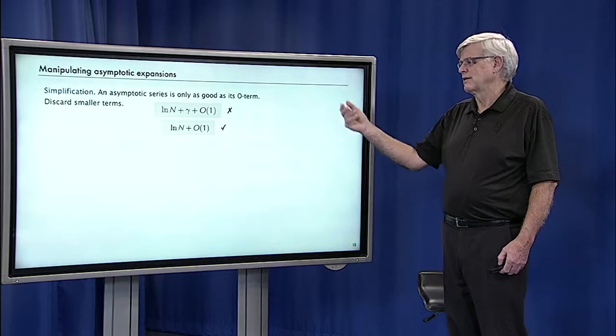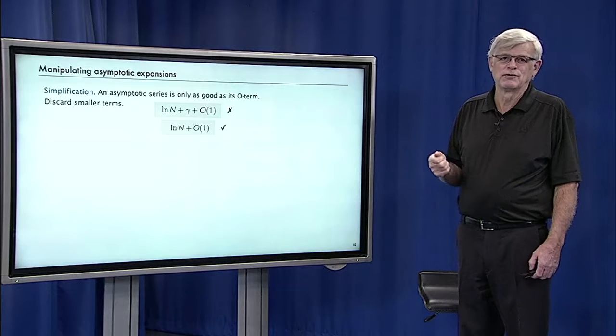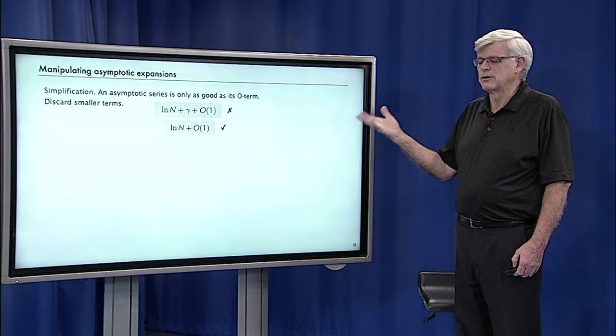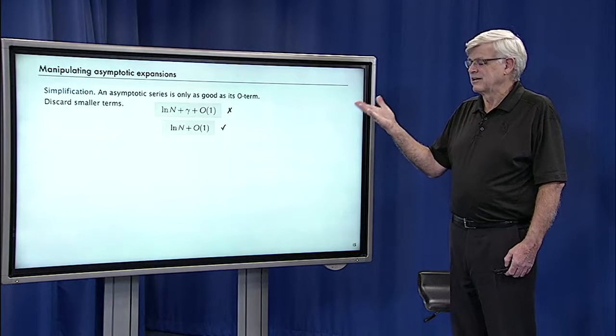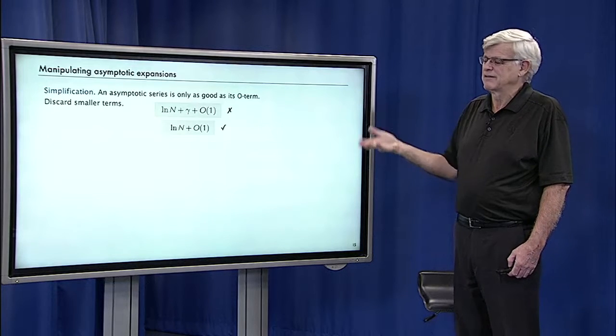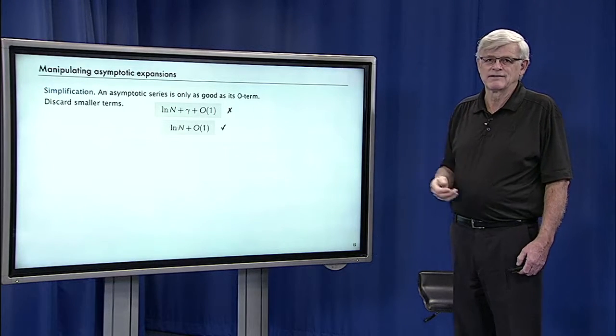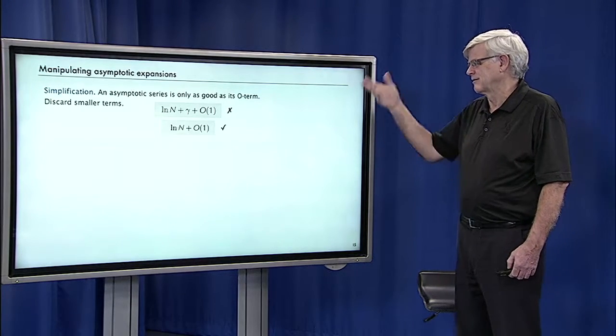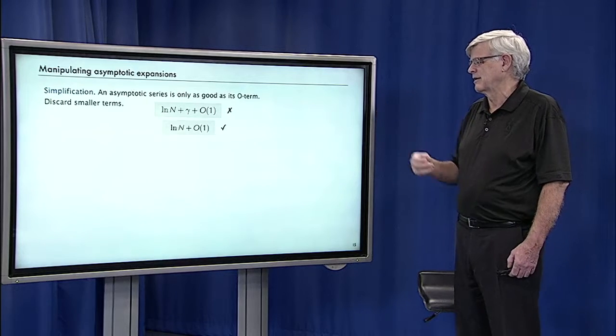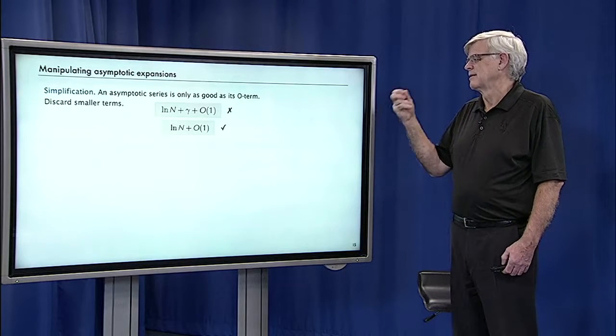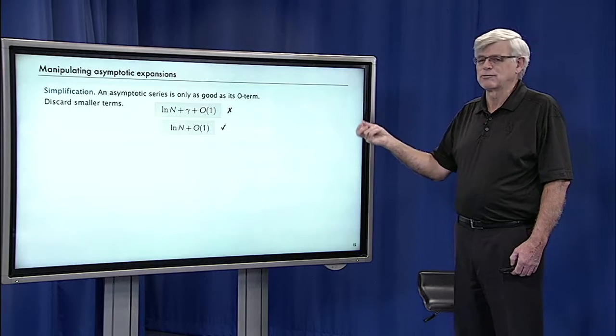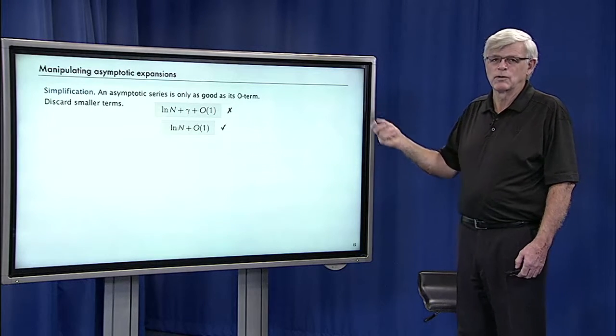So we don't write log n plus gamma plus O of 1, where gamma is a constant, because the O of 1 says the error is bounded by some constant, and so that constant might as well be gamma or whatever. It's better to write this expression as log n plus O of 1. It's more compact.